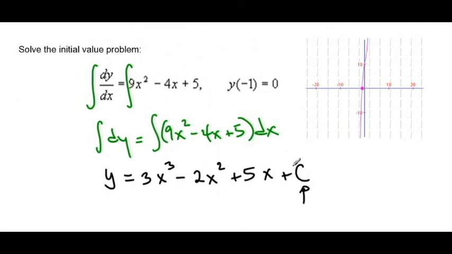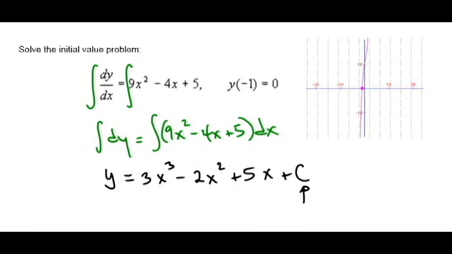This c, however, doesn't really have anything to do with this point. In fact, c, in this particular example, is the y-intercept, because if you were to plug 0 into x, you would get y is equal to c. We can note here that the y-intercept is 10. So I'm going to make a guess right now that c is probably going to be 10.